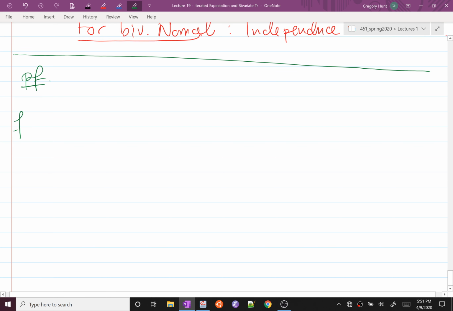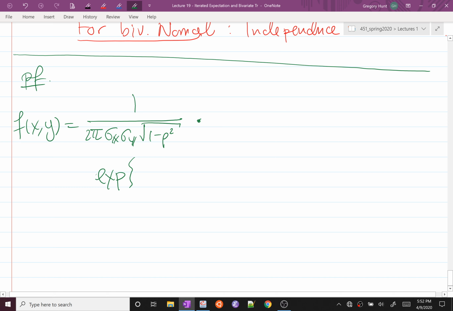So let's write out our joint PDF. This thing's a bit cumbersome. What was our joint PDF for bivariate normal? 1 over 2 pi sigma x sigma y root 1 minus rho squared. And we had all of that multiplied by some exponential, negative 1/2, 1 over 1 minus rho squared.